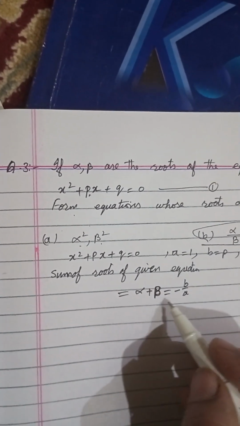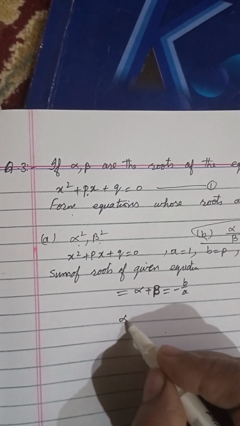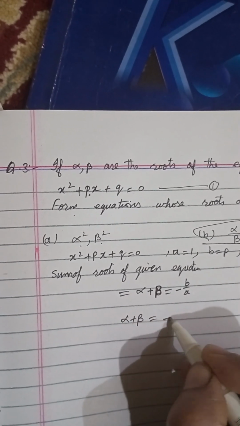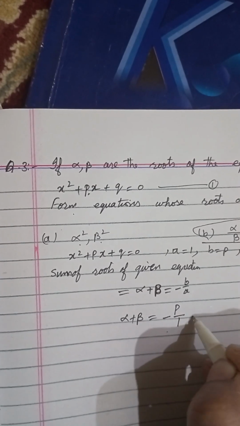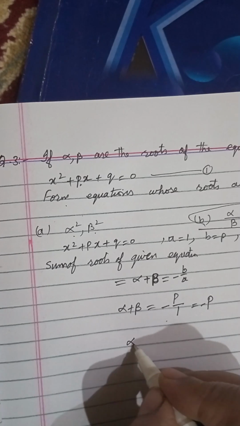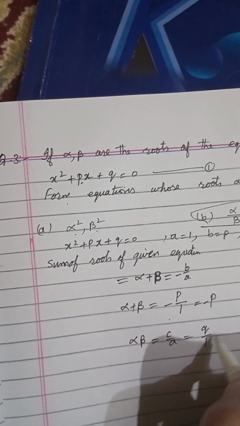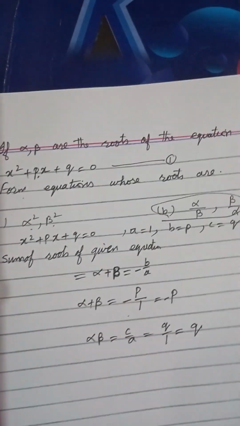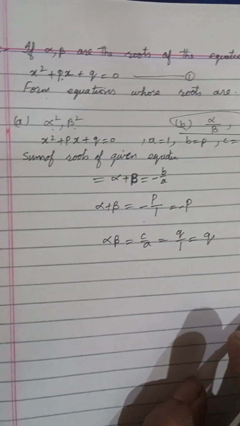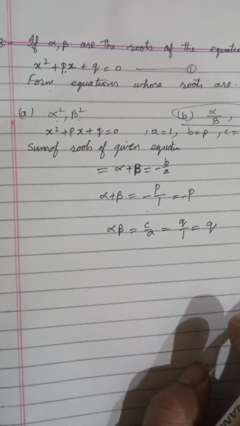So alpha plus beta equals minus p over 1, which is equal to minus p. The product of the roots, alpha beta, is equal to c over a, q over 1, which is equal to q. So this is the sum and product of the roots of the given equation.